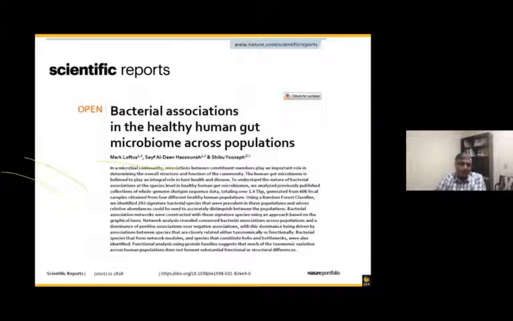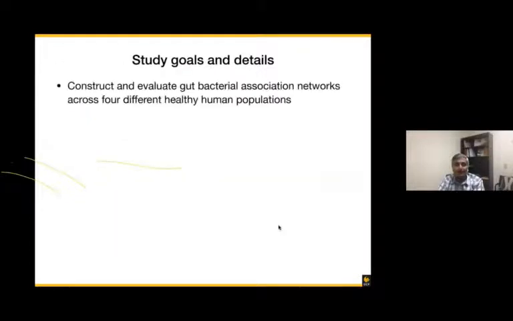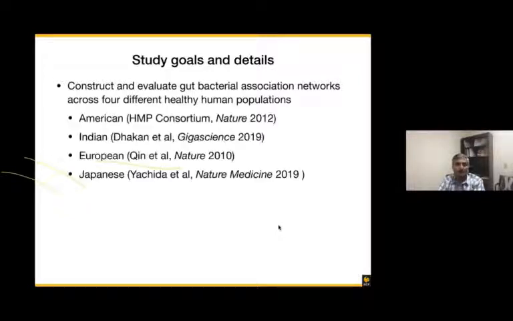So what I wanted to do now is just briefly talk about one of our recent papers, where we attempted to use this framework to study bacterial associations across 4 different healthy human populations. Our goal was to construct and evaluate association networks across 4 different populations.